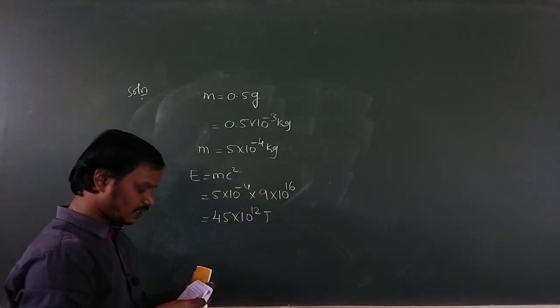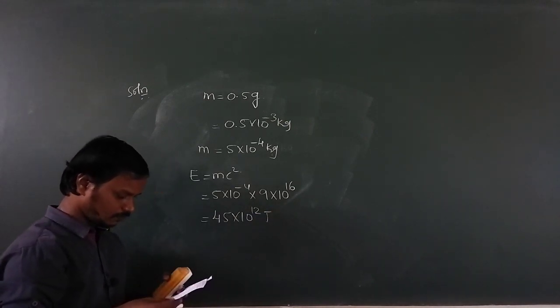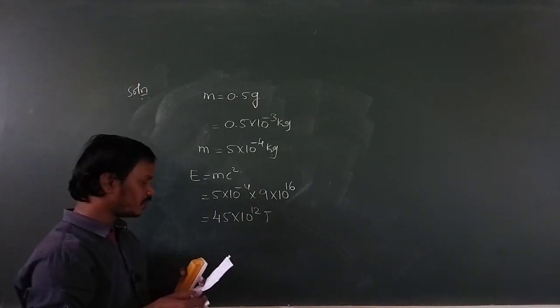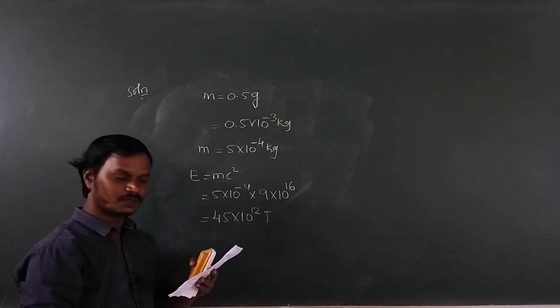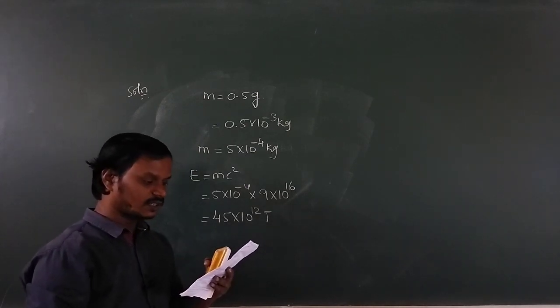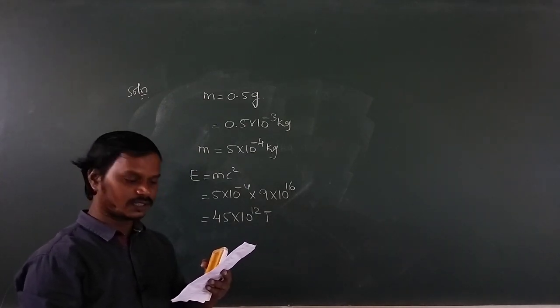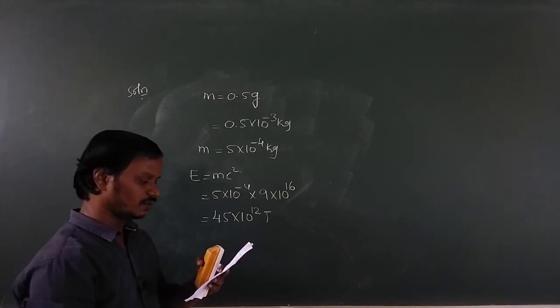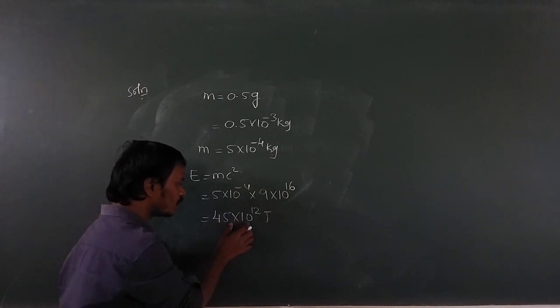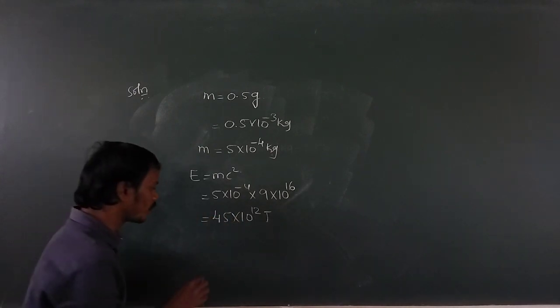See here are the options given. First option 4.5 into 10 to the power of 16. Second option 4.5 into 10 to the power of 13 joule. And the third option is 1.5 into 10 to the power of 13 joule. Last option 0.5 into 10 to the power of 13 joule. Means we have to express this one in terms of 10 to the power of 13.